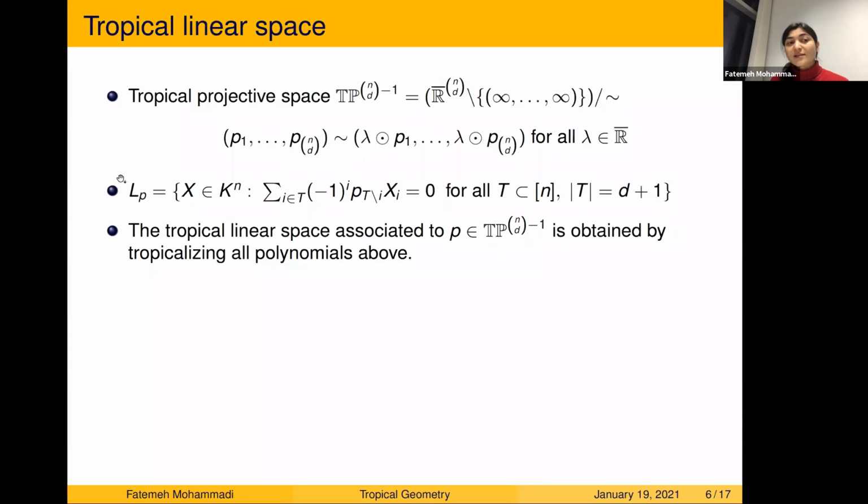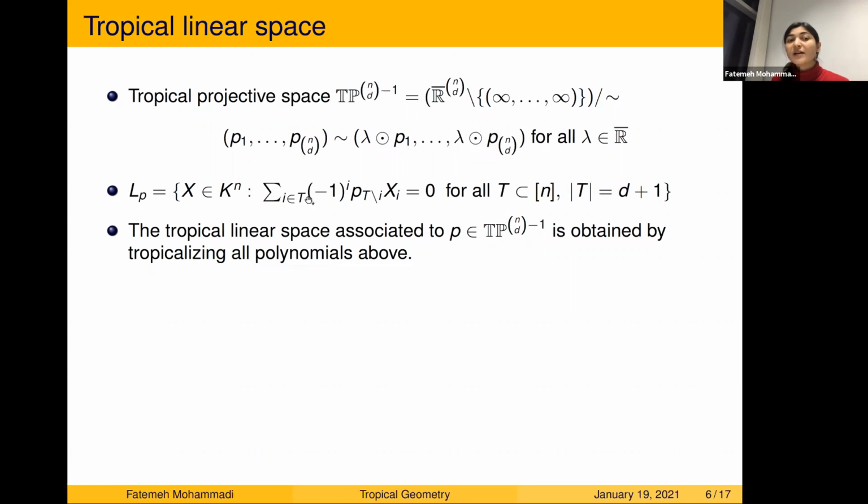And I said that if you have a Plücker vector P, in the real world, not the tropical world, you can write down all these equations that define your linear space. And then the question is, how do I tropicalize this variety?